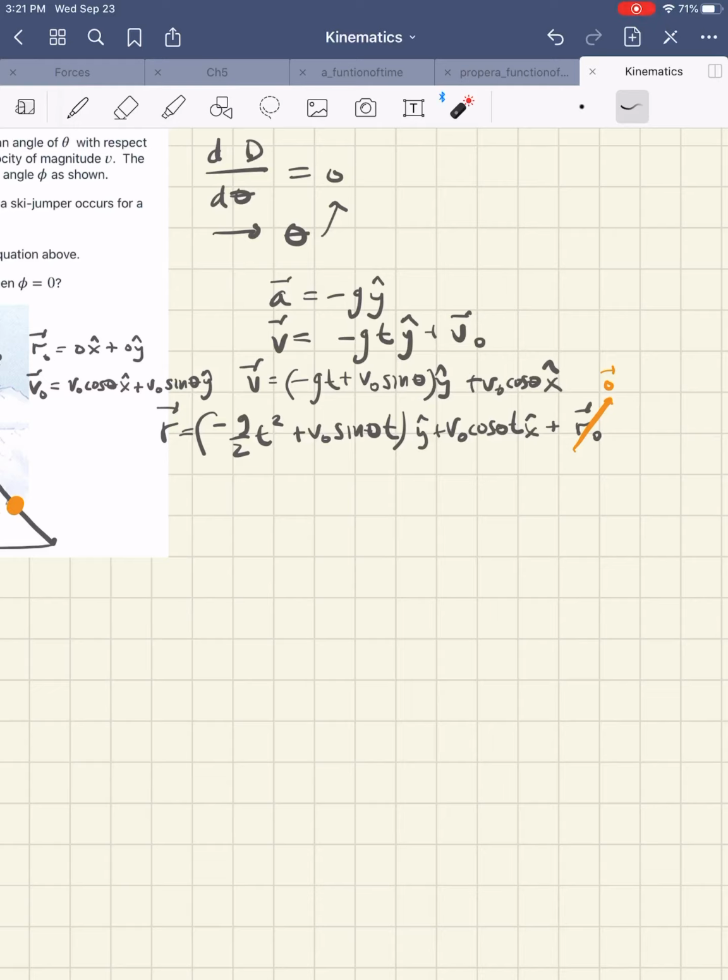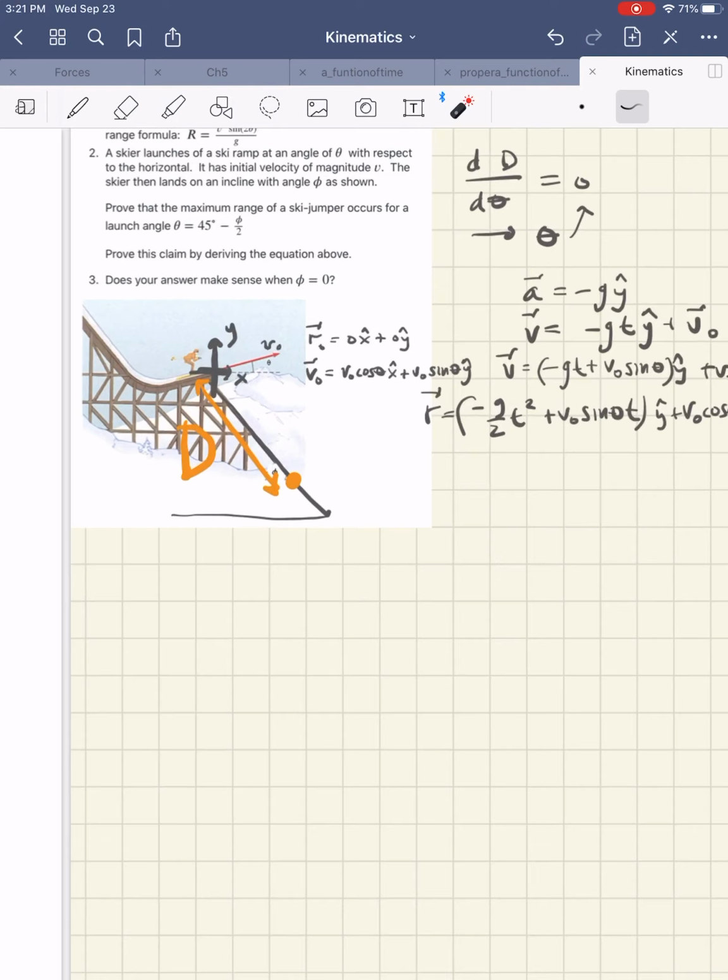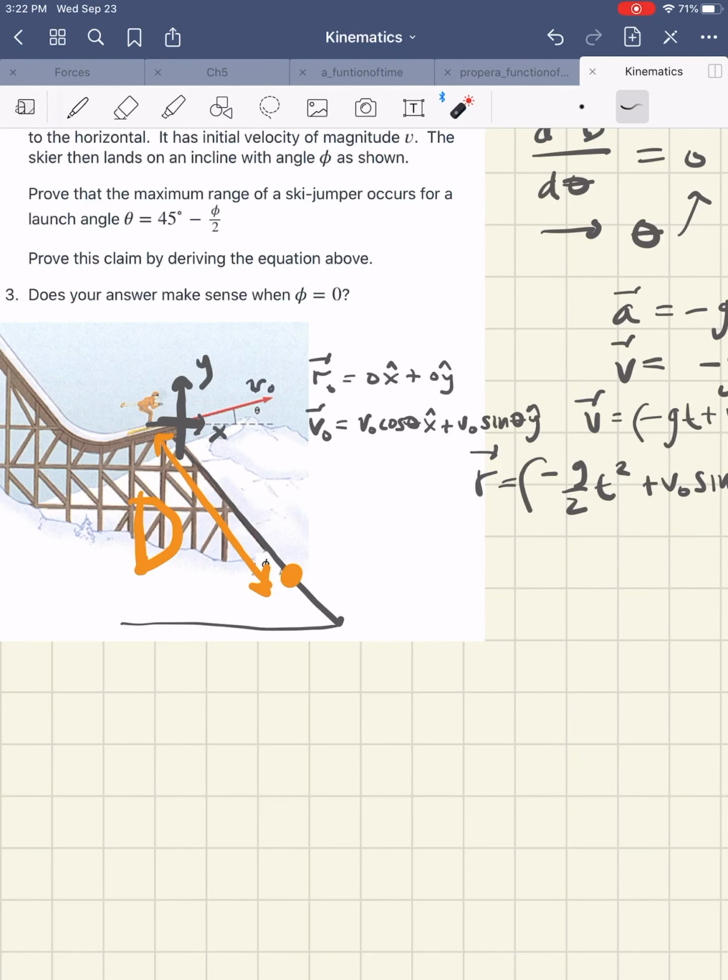I'm going to go ahead and take a look at my final position vector. Let's draw it. So here it is. If that's my final point, that's my final position vector. Let me draw it officially down here. My r final has a magnitude of d, just mimicking this, and this angle is phi right here.